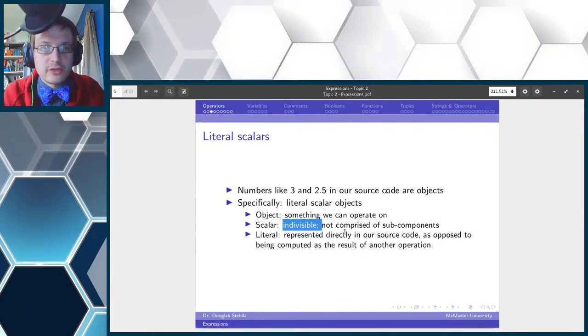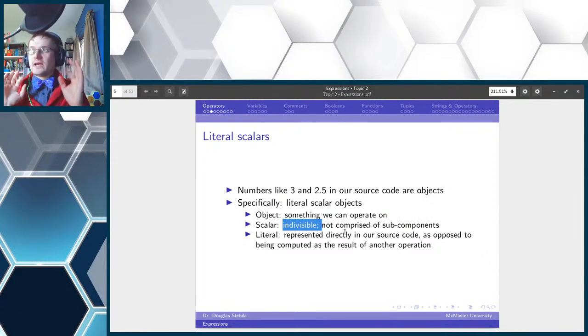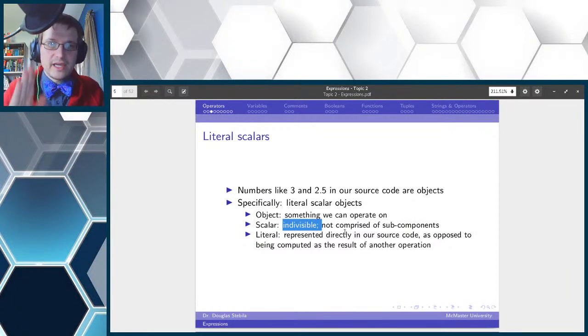You can divide it by 3 and get 3. Sure. But when we're talking about divisibility here, we're talking about grammatical divisibility. Right now we're talking about programming language grammar. Not number, grammar.